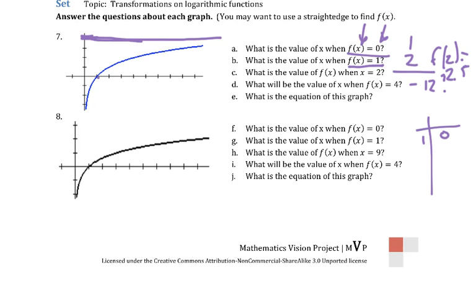So when x is 1, y is 0. That's what number 1 told us. When x is 2, y is 1. It says what is the value of f of x when x is 2? Oh, I went too far, duh. That should be 1. And then we wanted to know what we got when we got to 4.